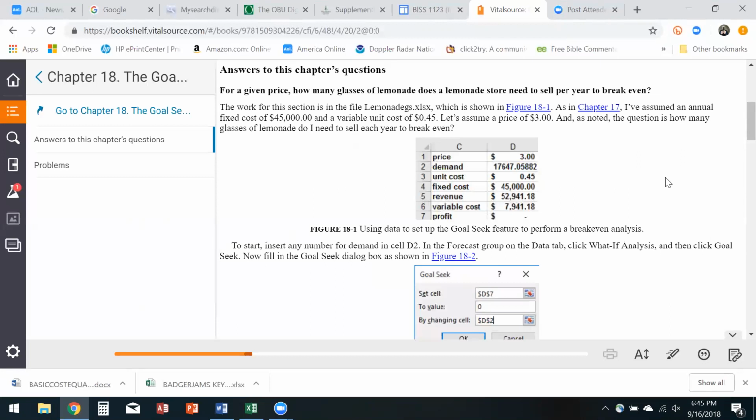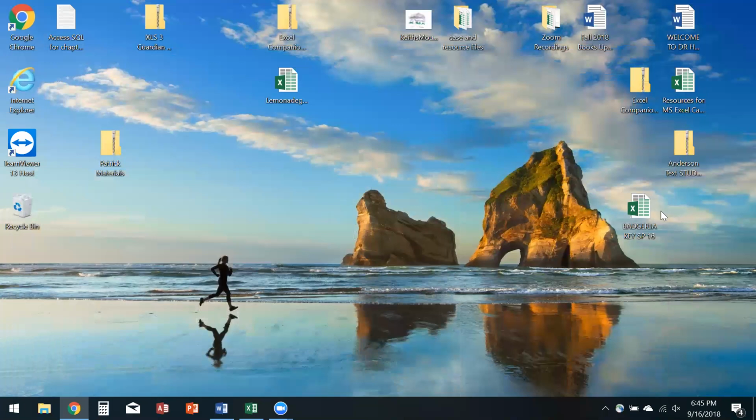We're going to use the goal seek to identify the number of units, that is the break-even units. All right? So here we are. We have the data, and there's the profit. Now, I'll open this back up.